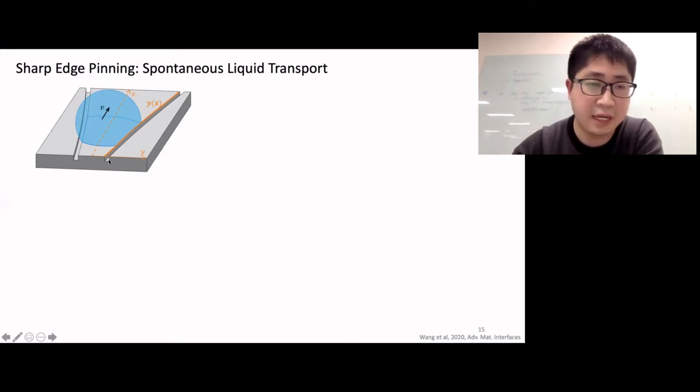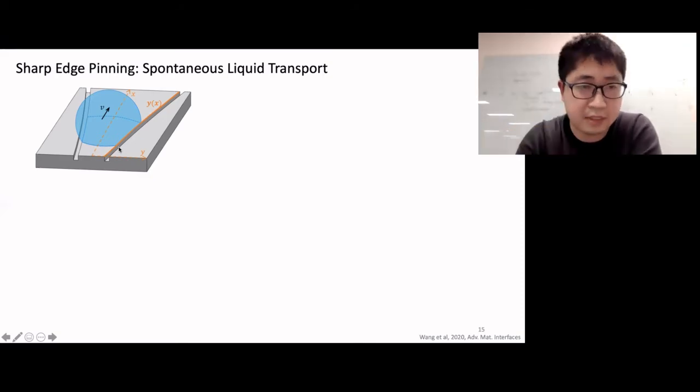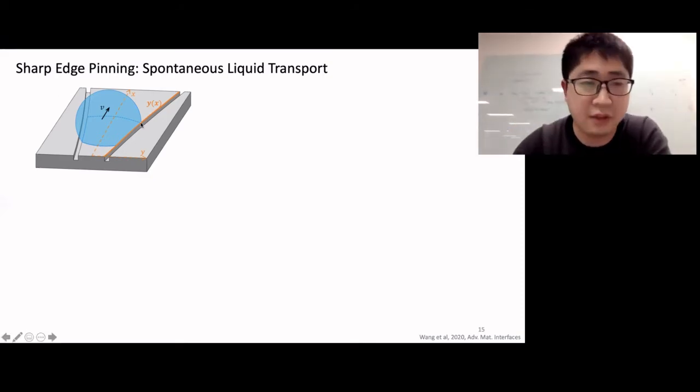If we cut the plate with a groove in this direction, described by this function y(x), and place a droplet onto this surface, you can imagine that along the sharp edge, all the liquid is pinned, so it cannot spread out. But the droplet, because of the tendency to minimize the total energy, wants to expand, so that effectively you are squashing this liquid so that it will be pushed towards the positive x direction.